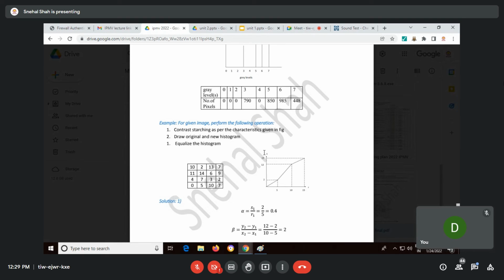Then 2, 2 times. 3, 1 time. 4, 1 time. 5, 1 time. 6, 1 time. 7, 3 times. 8 is absent, so write 0. 9, 1 time. 10, 2 times. 11, 1 time. 12 is absent, 0. 13, 1. 14, 1. 15 is 0.